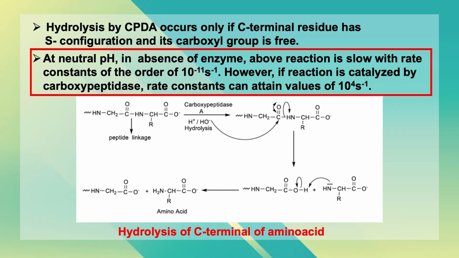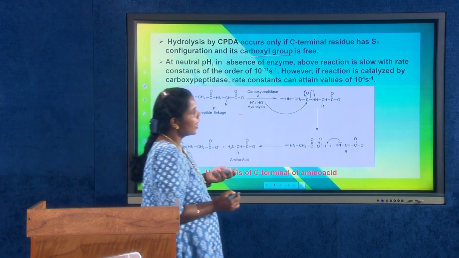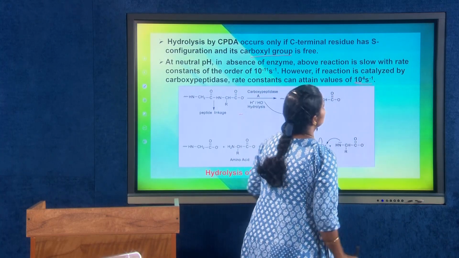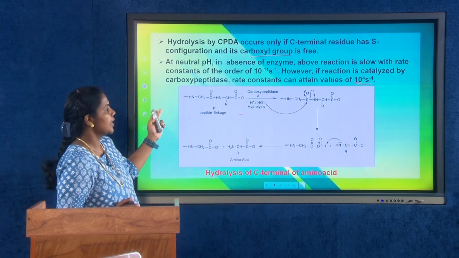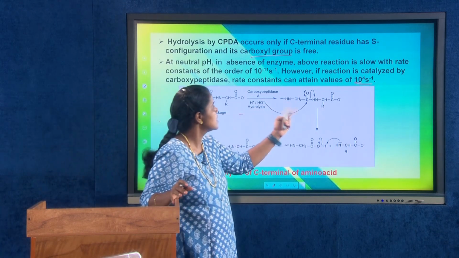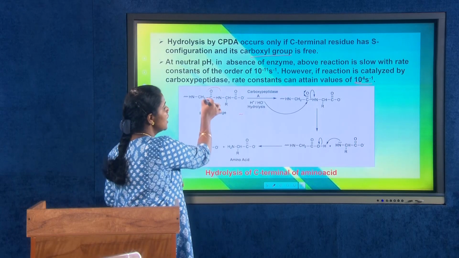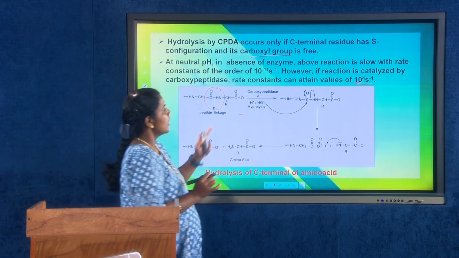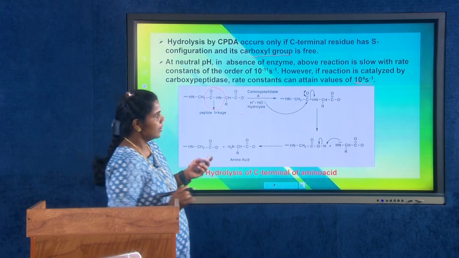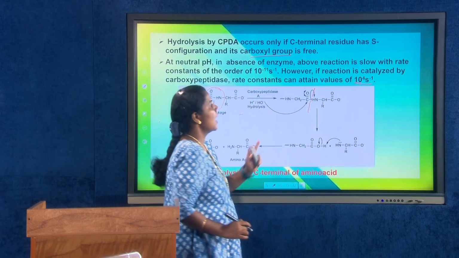However, when the reaction is catalyzed in the presence of carboxypeptidase, the rate constant can attain a value of 10 raised to 4 per second. So, here you can see the mechanism of the hydrolysis by carboxypeptidase A. Here you can see that it hydrolyzes the peptide linkage here, and here the carboxylic end is free and the hydrolysis occurs at this portion.